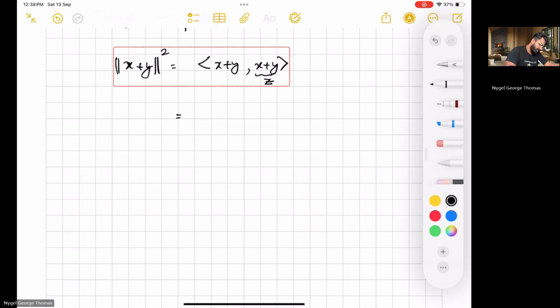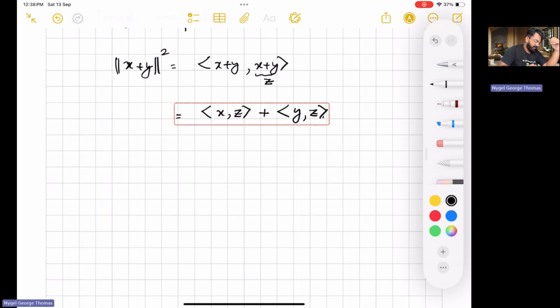So this is inner product between x and z plus inner product between y and z, right? Now we can substitute z back, x plus y.